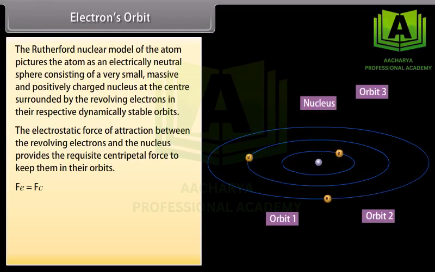Fe is equal to Fc. Putting their respective values, we get mv square by r is equal to 1 upon 4 pi epsilon naught times e square upon r square. We can also write this equation as r equals e square upon 4 pi epsilon naught m v square.